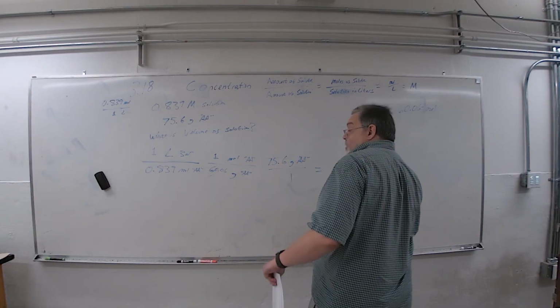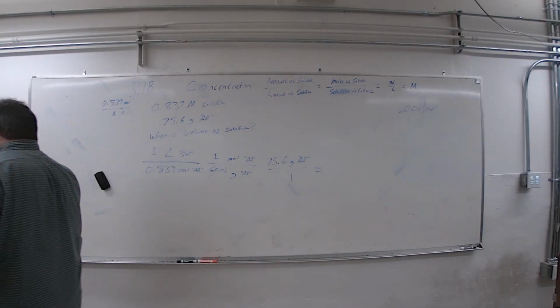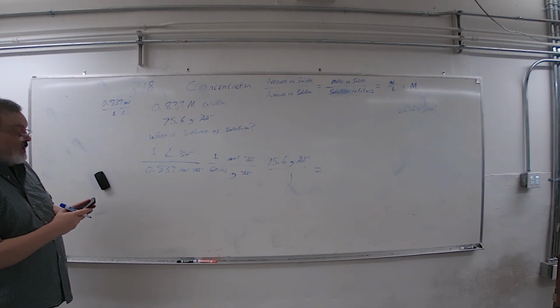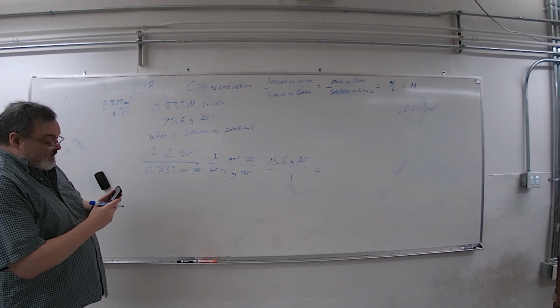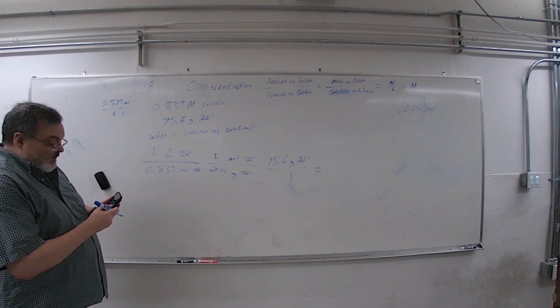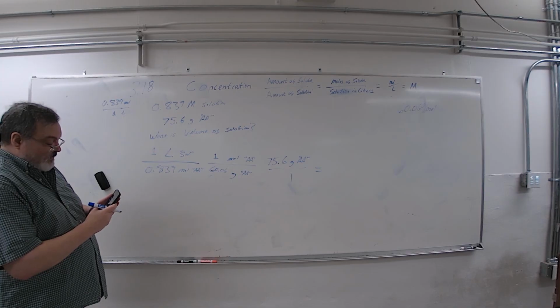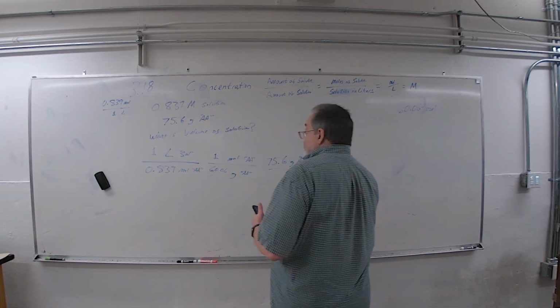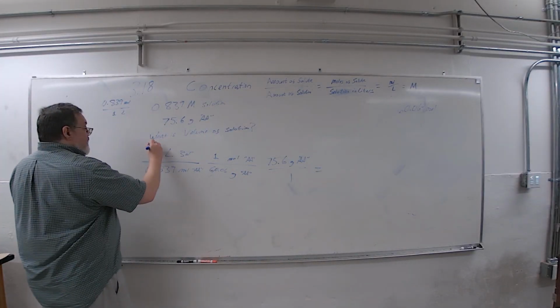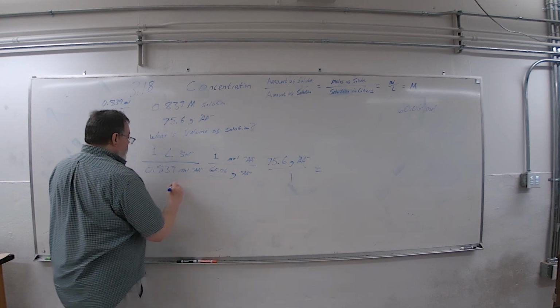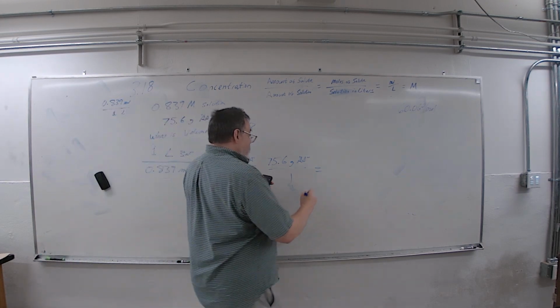What volume? 0.839 divided by 60.06. Exact. 3 significant figures, 4 and 3. So 1, 2, 3.